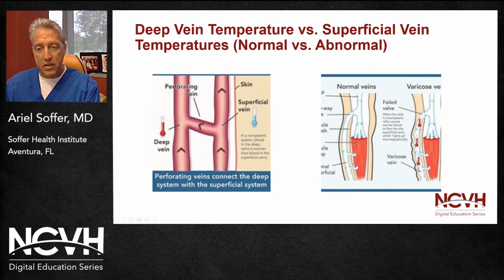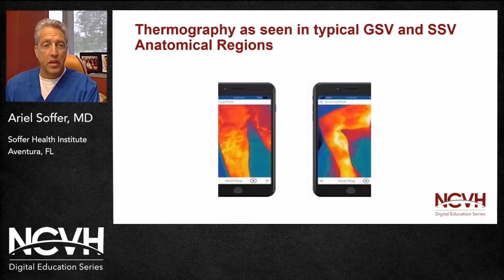In a normal vein, we have that set up similar to what I just showed, from the outside to the inside in the deep veins. However, in a failed valve, a leaky valve, a valve that is putting pressure coming from the deep to the superficial, you can see how everything gets heated up in a varicosity or any superficial vein.